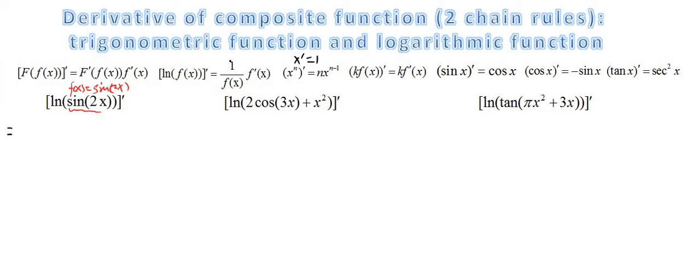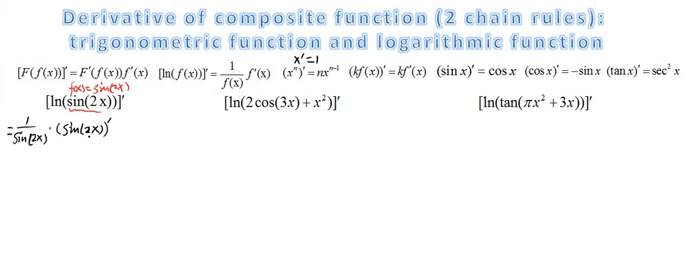We're gonna have 1 over f(x). Since f(x) is sine 2x, we're gonna have 1 over sine 2x times the derivative of f(x). So we have sine 2x prime.